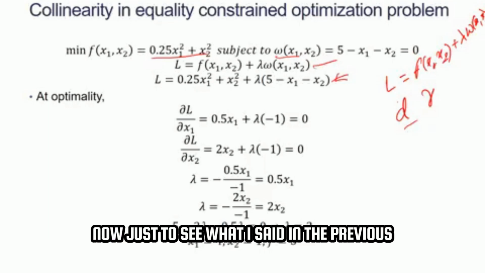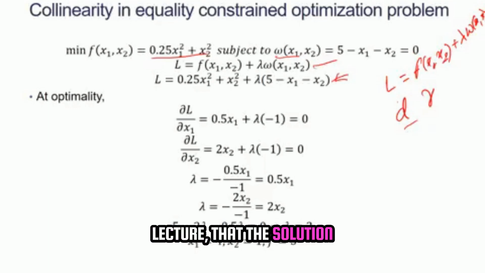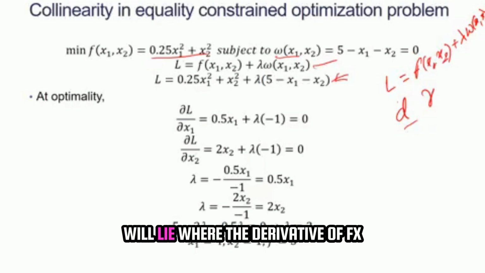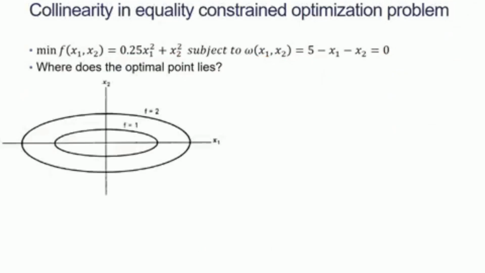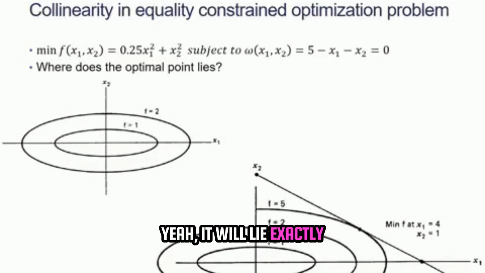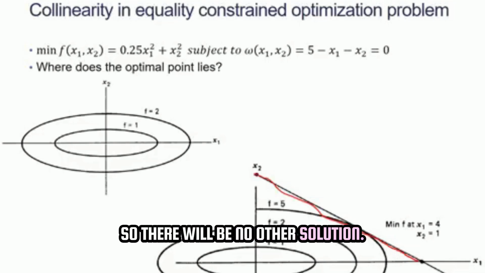Now, just to see what I said in the previous lecture, the solution will lie where the derivative of fx and the derivative of gx are collinear. So what do we mean? It will lie exactly on top of this line, so there will be no other solution.